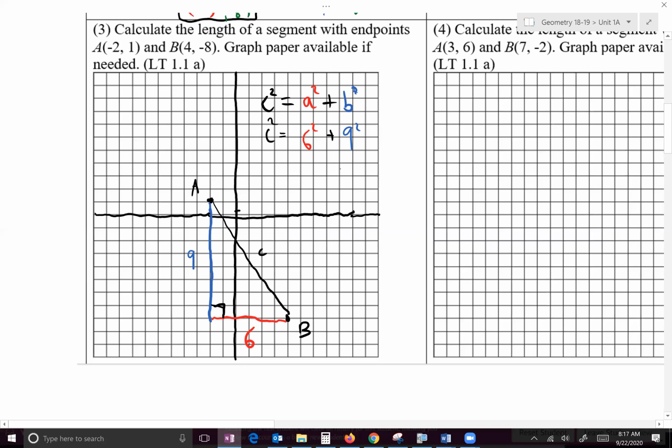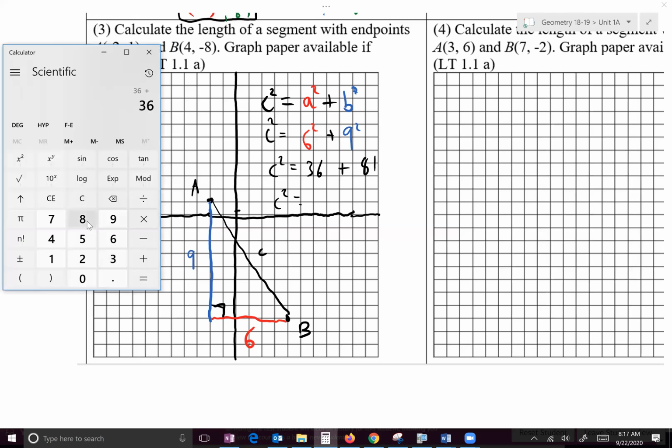So 6 squared is just 6 times 6, so that's 36. Plus 9 squared is 81. Okay. Oh, and I think that is 87. I think that's 117, but it might be too early in the morning to trust my brain's working. So let's see, 36 plus 81 is 117.